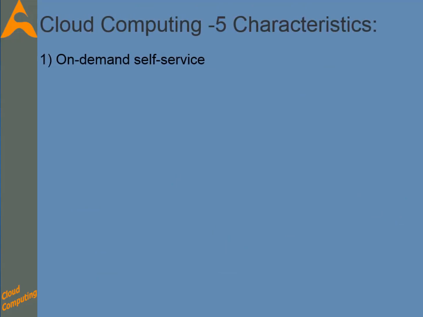There are 5 characteristics of cloud computing. On-demand self-service: can you get a subscription to this web application without human interference? Broad network access: if you use this application extensively, probably together with a lot of people, does this web application still work properly? Resource pooling: does it affect me in a negative way if others are using this web application?